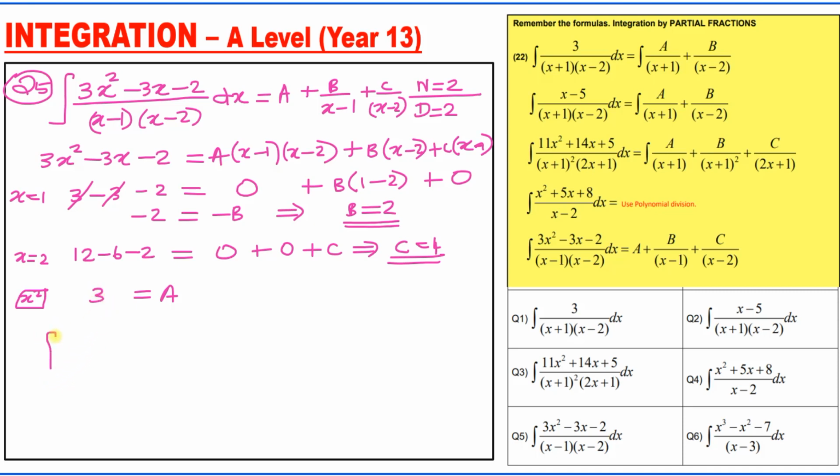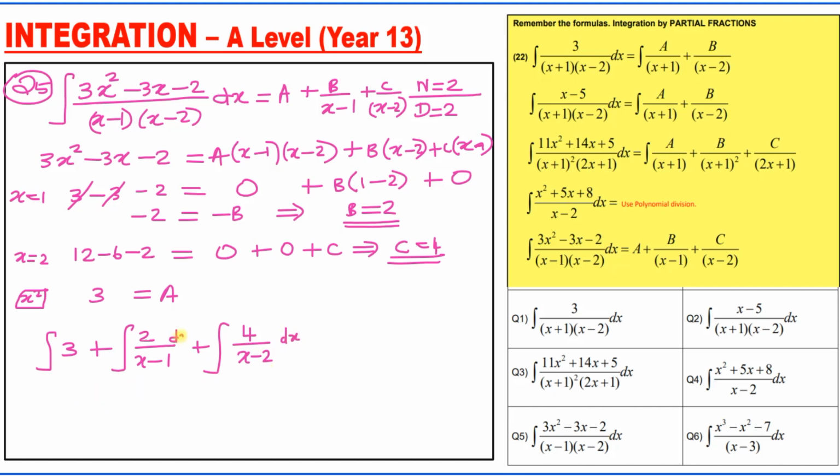Now you can write the formula: integrating a, which is 3, plus integrating b, which is 2 over x minus 1, and integrating c, which is 4 over x minus 2. And that is the integration split up.